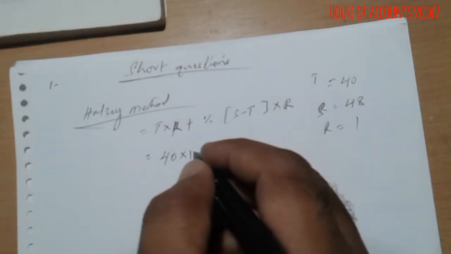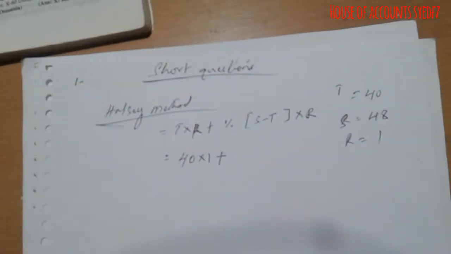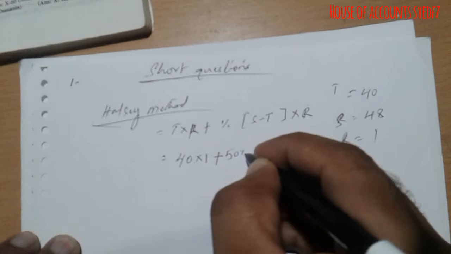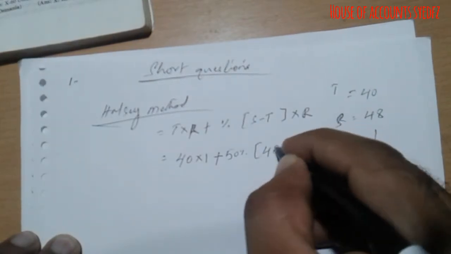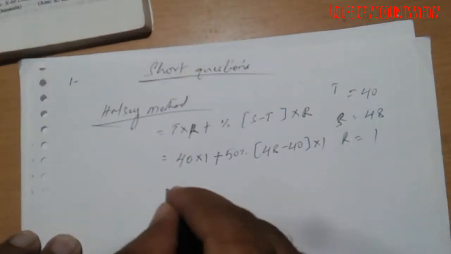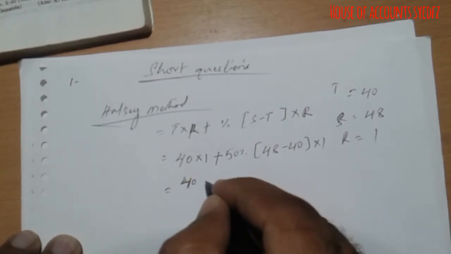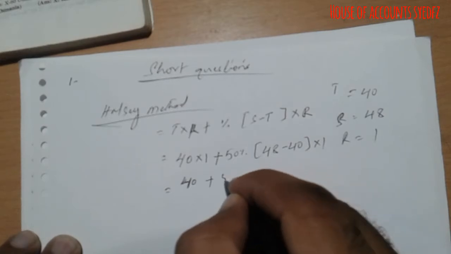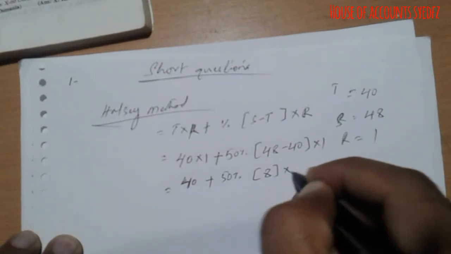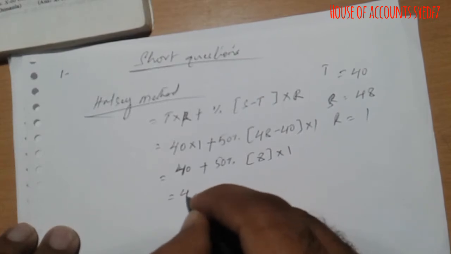Whenever the percentage is not specified, take 50%. Standard time 48 minus time taken 40, into rate 1. 40 into 1 is 40.